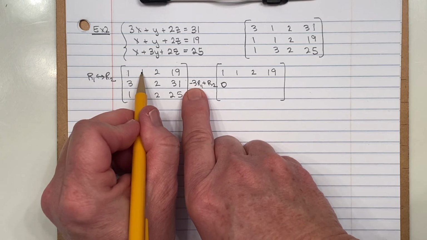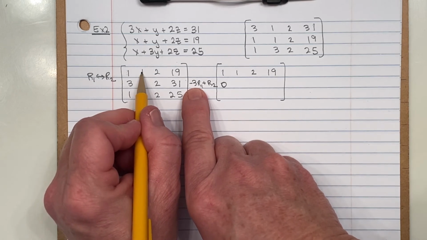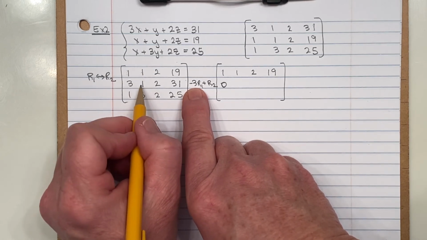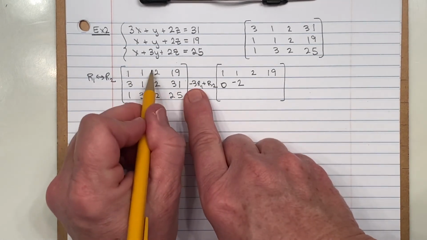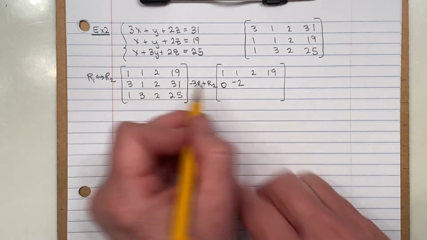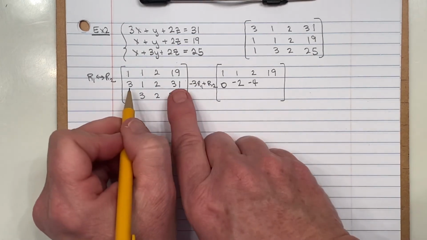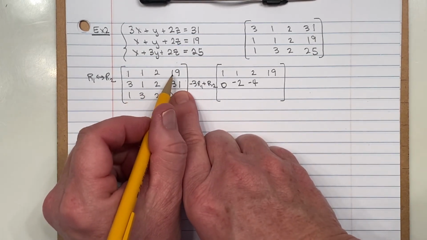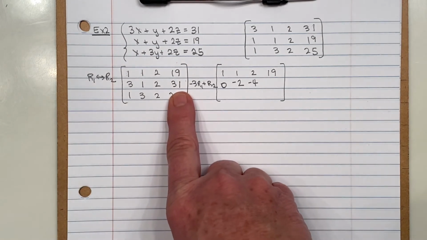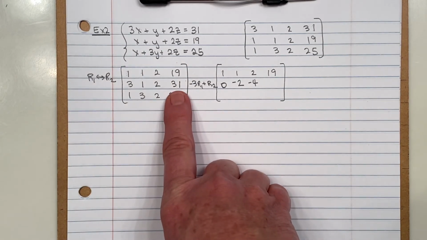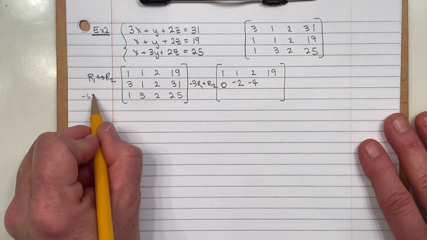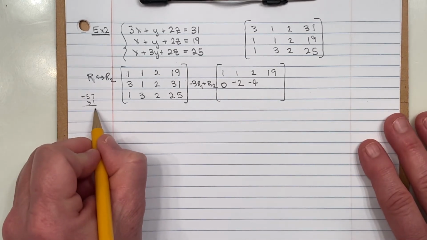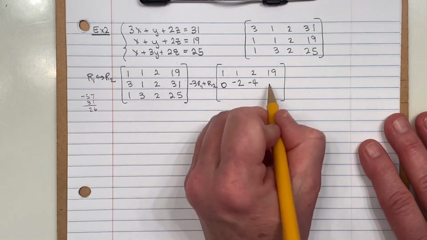Negative 3 times 1, negative 3 plus 1 is negative 2. Negative 3 times that is negative 6 plus 2 is negative 4. And negative 3 times 19 is negative 57 plus 31. Negative 26.